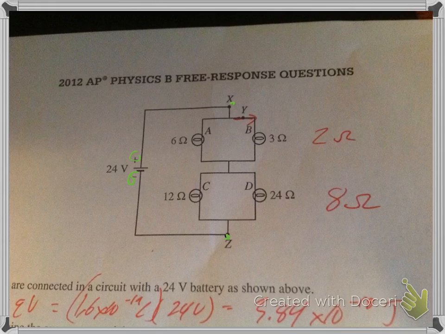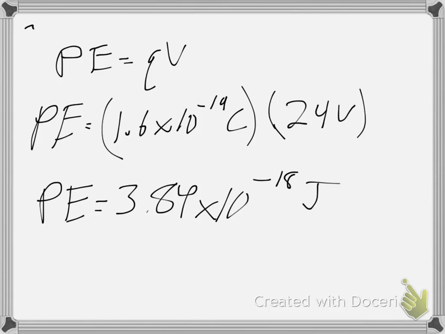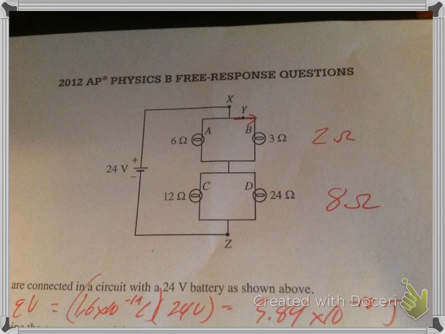Now electrons want to go from negative to positive, so what will happen is that as it gets pushed, it will accelerate and will lose potential energy.